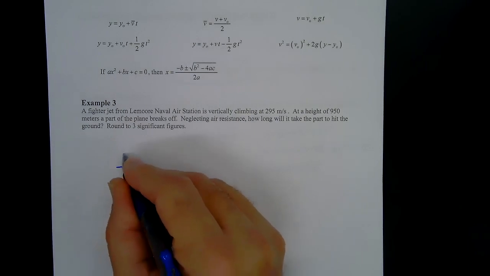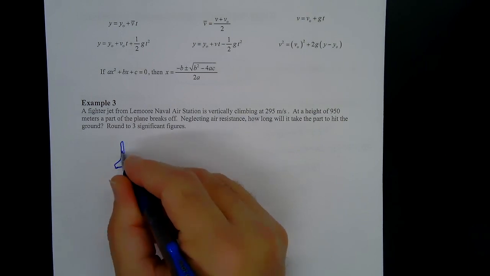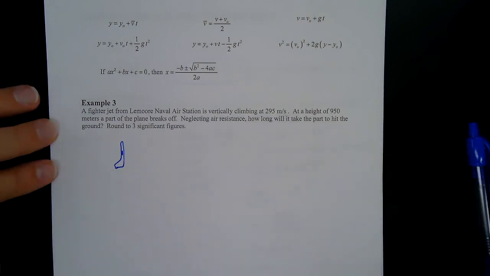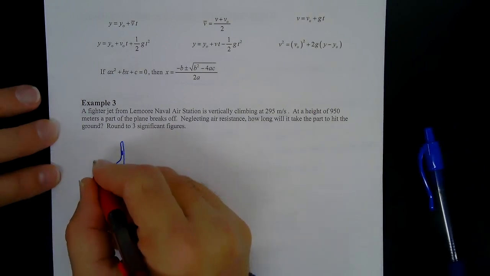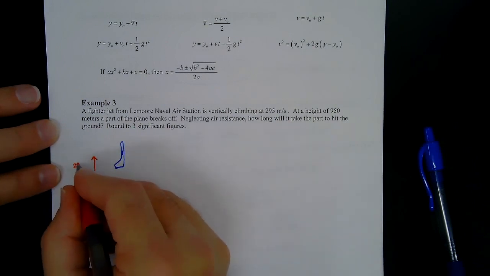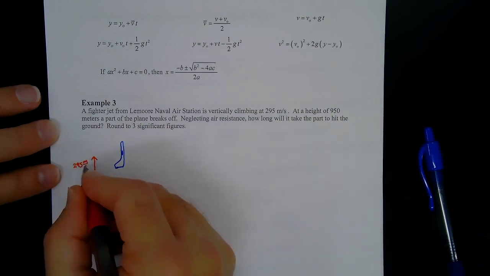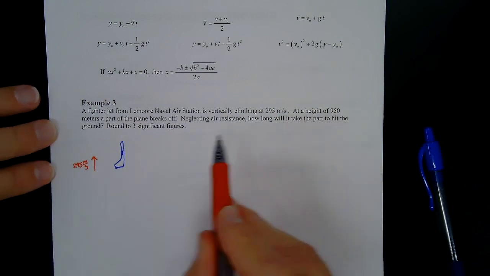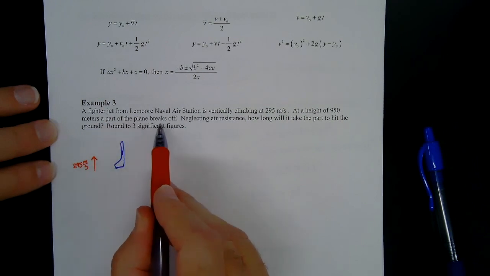All right, so here's our jet fighter. That's a horrible jet, all right? And it's going up at 295 meters per second. And at a height of 950 meters, a part of the plane breaks off.